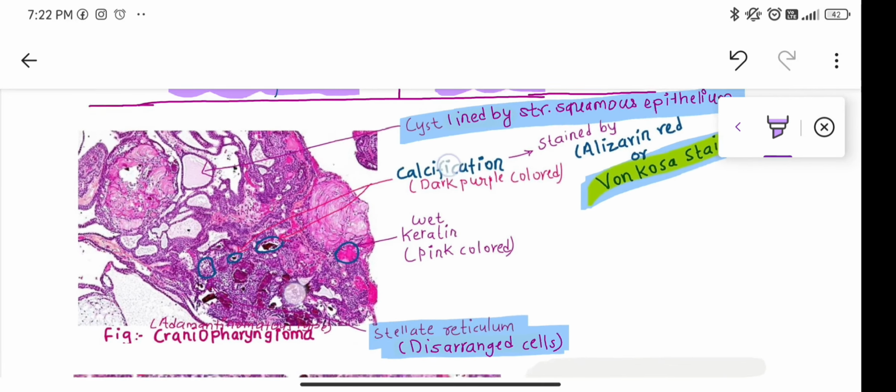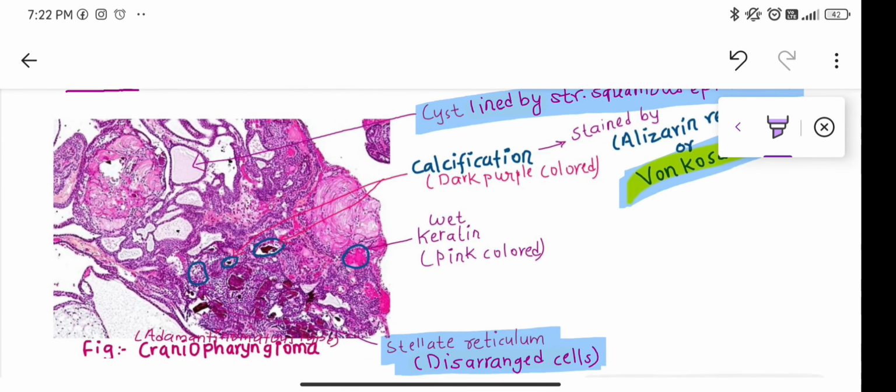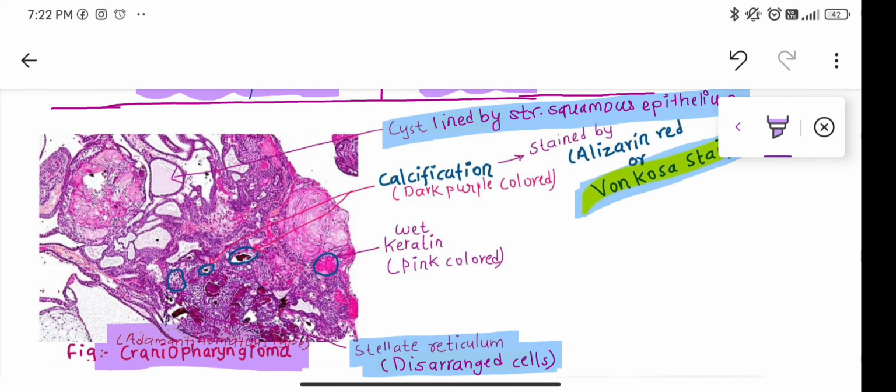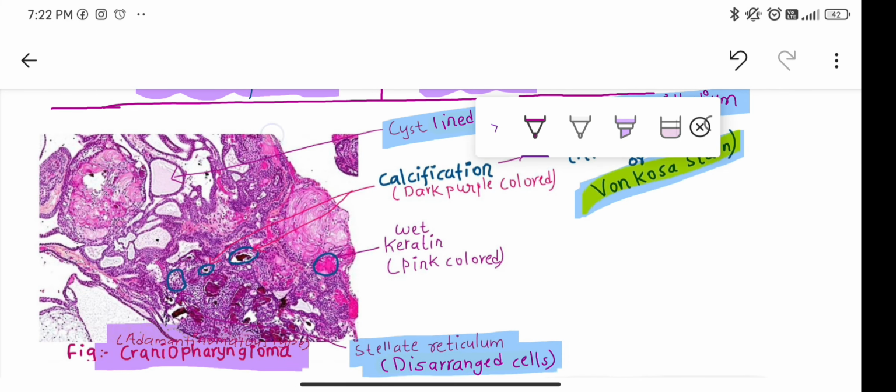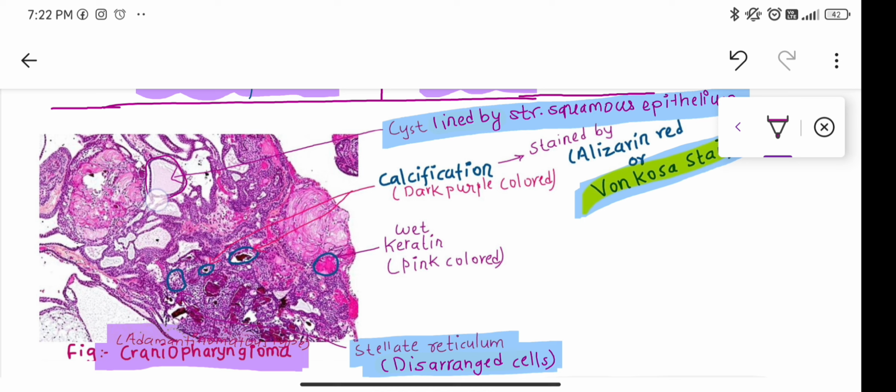Now this is the figure, most commonly of adamantinomatous craniopharyngioma, but we don't have to differentiate, we have to directly tell it as craniopharyngioma. You can see the presence of a cyst, and this cyst is lined by stratified squamous epithelium, so it is a true cyst.